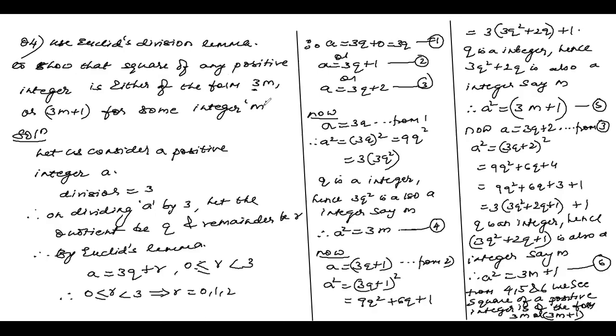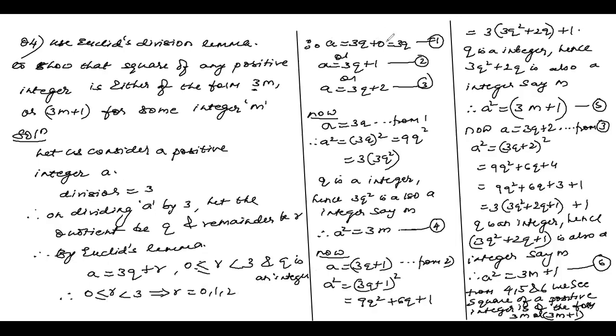So on dividing A by 3, let the quotient be Q and remainder be R. By Euclid's lemma, A is equal to 3Q plus R, R greater than or equal to 0, less than 3, and Q is an integer. Any integer, but Q will be an integer. Now see, R greater than or equal to 0, less than 3 implies R's value is 0, 1 and 2.